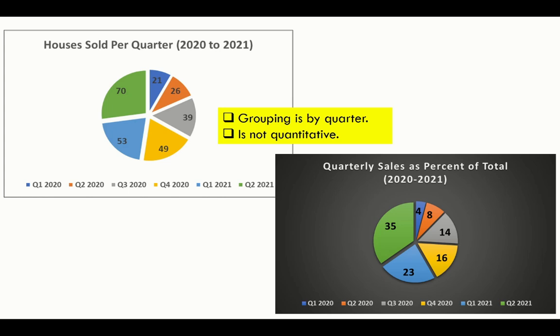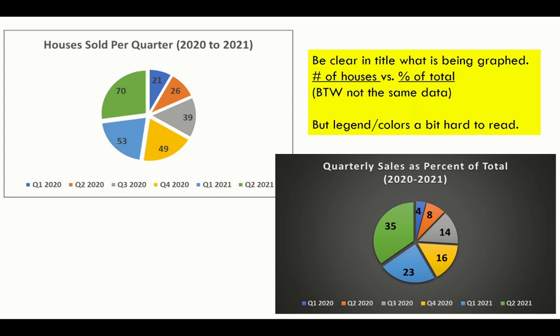So first thing we want to appreciate is we've got these colors, we've got a key at the bottom, right? But I also want to remind you, as we're creating data visualization constructs, we need to be clear in the title what exactly is being graphed. So if you look on the left graph, this is simply houses sold per quarter. So did we sell 50 in this quarter? Did we sell 60 in this quarter?